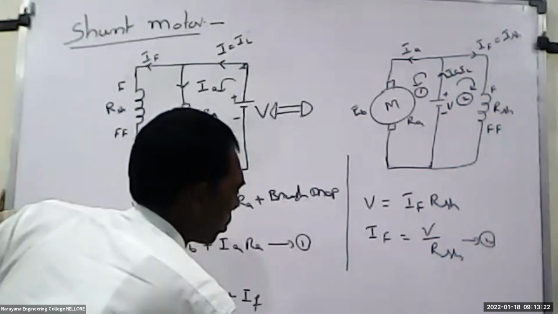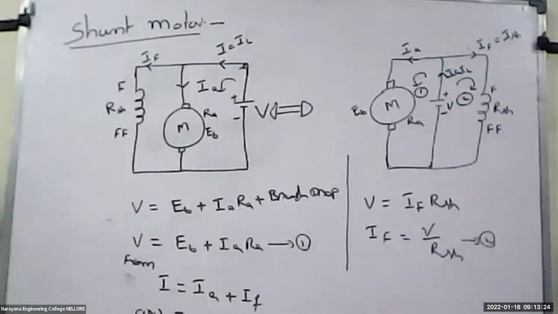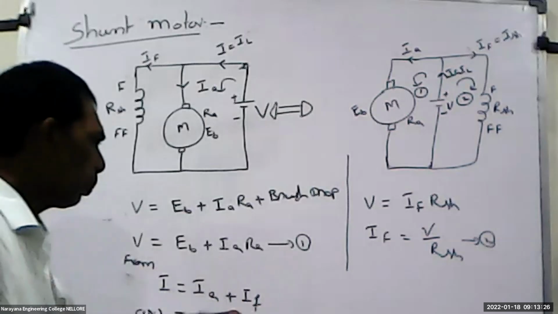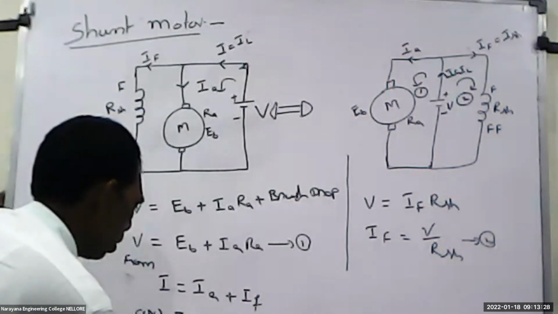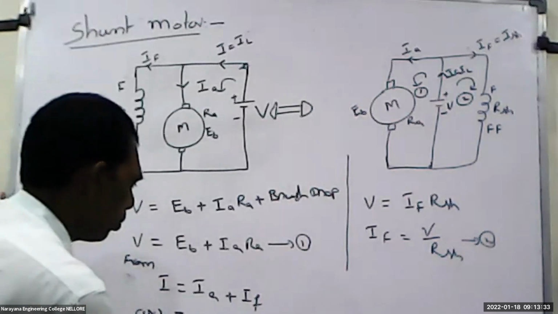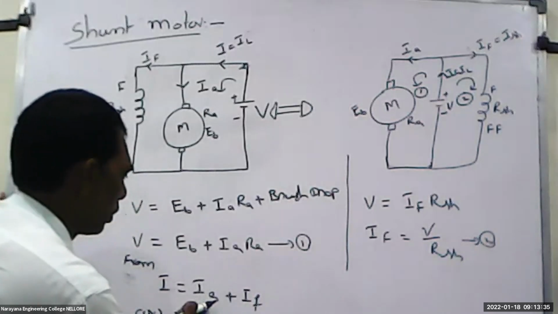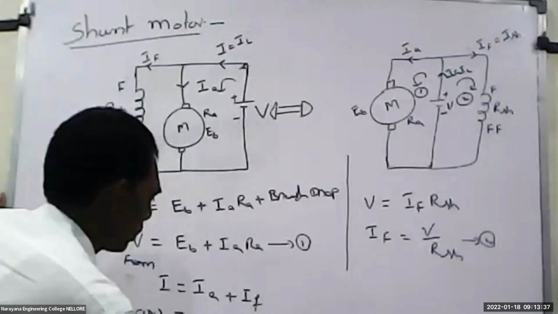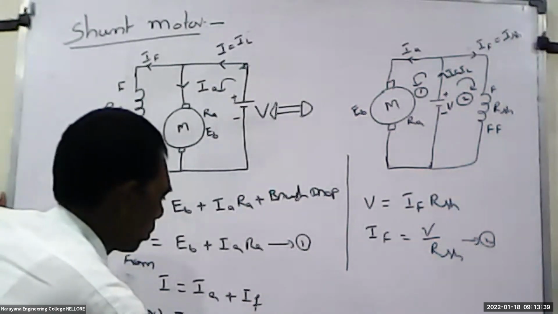That is equation number 3. Suppose if you want to find IA, it is equal to I minus IF.